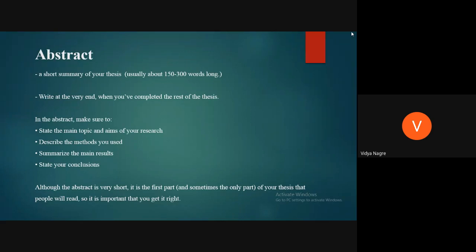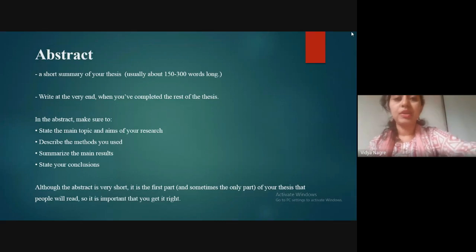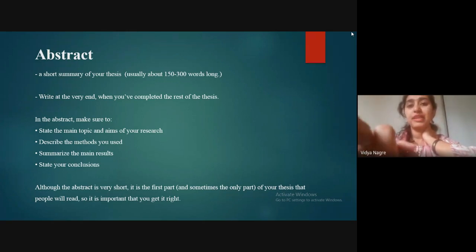For example, state the main topic and the main aim of your research. Then describe the methods you have used. Then summarize the main results and state your conclusion in the abstract. So the person will understand what kind of study you have conducted, why you have conducted it, and how your study is benefiting the larger community. Next slide, please.